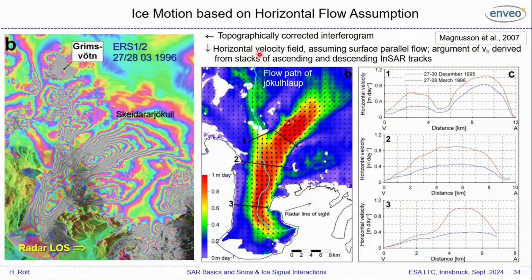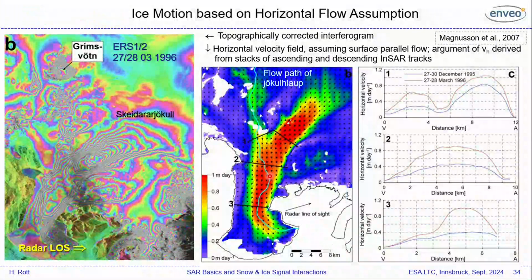So what he did, he assumed surface parallel flow and computed the direction of the velocity vector from stacks of ascending and descending InSAR tracks. These points here, because the direction doesn't change very much at a scale of several weeks. And then he got this.